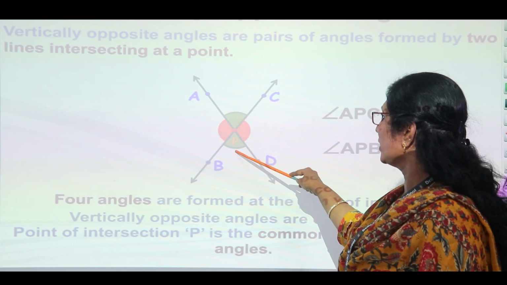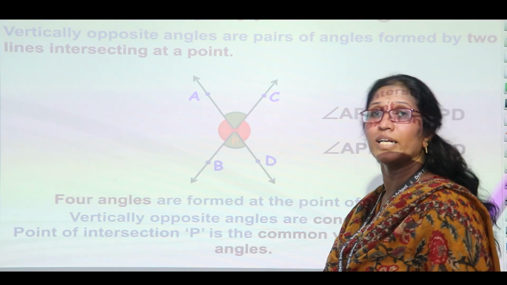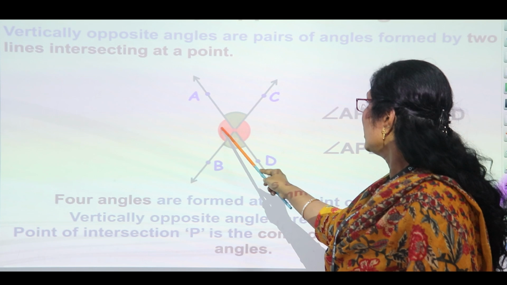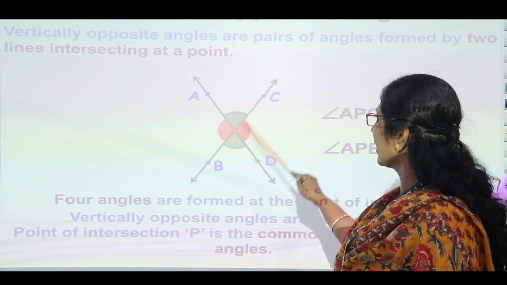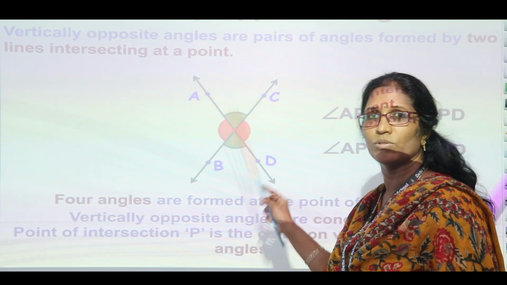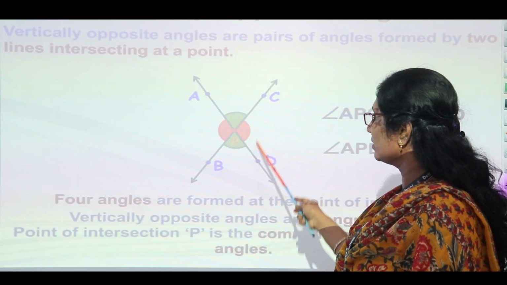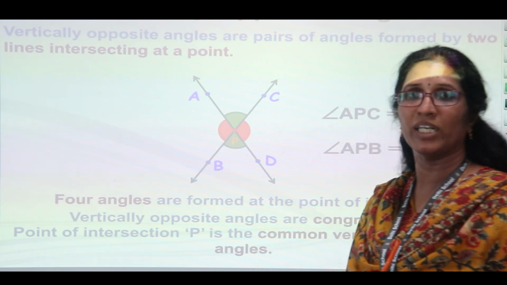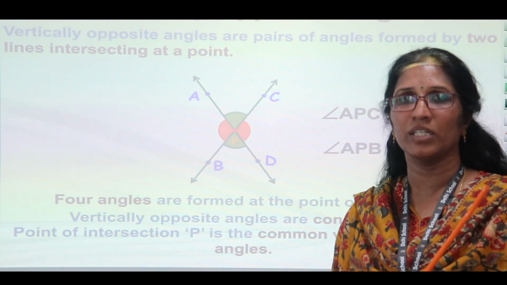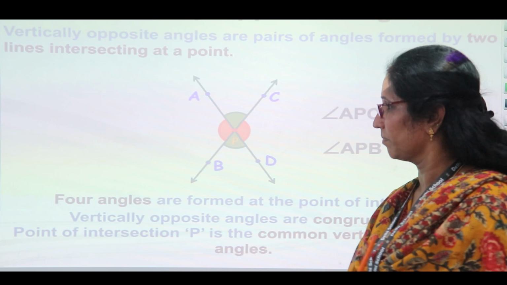In vertically opposite angles, these two angles are equal, and angle APB and angle CPD are also equal. So in vertically opposite angles, we form four angles, and the angles facing each other are called vertically opposite angles.